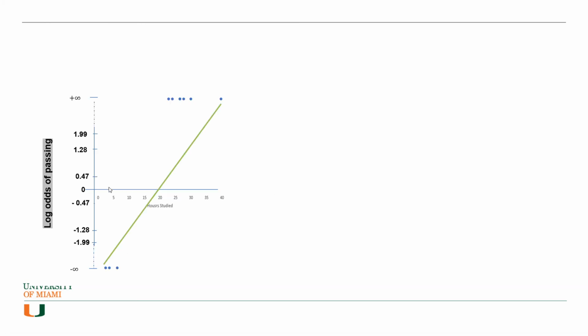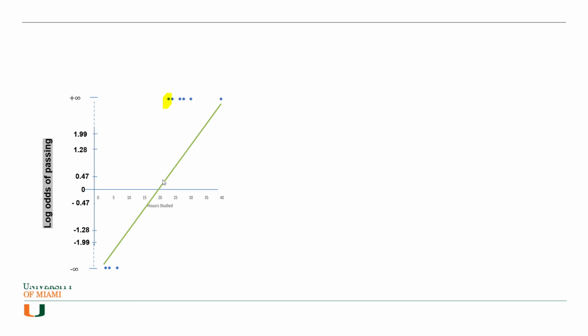So this is what we have. This is the plot of the log odds. We have our points on the plot, and we want to figure out what is the best line that fits this data. And let's suppose that the green line is the line that we are starting with. What we are going to do is that for each of the points, we are going to first find the log odds.